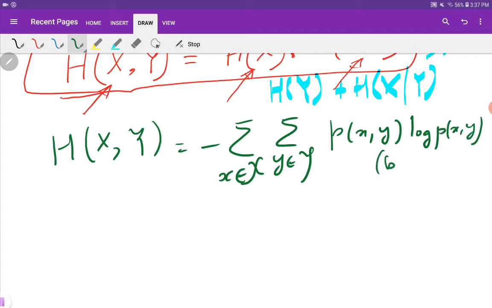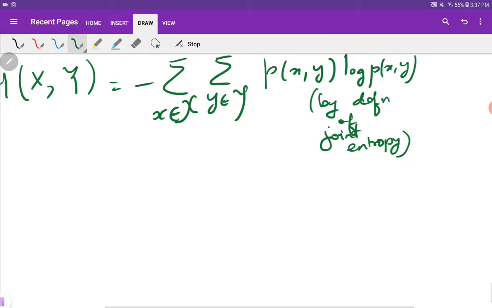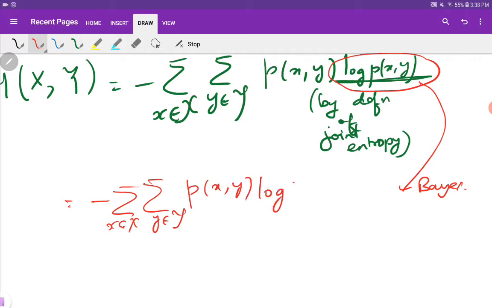Now this is by definition of joint entropy. We can further expand this log p of x comma y using Bayes rule. I'll avoid writing the subscripts here. If we use Bayes rule on this part, we get the sum over x belonging to X, y belonging to Y, of p of x comma y log of p of x times p of y given x.